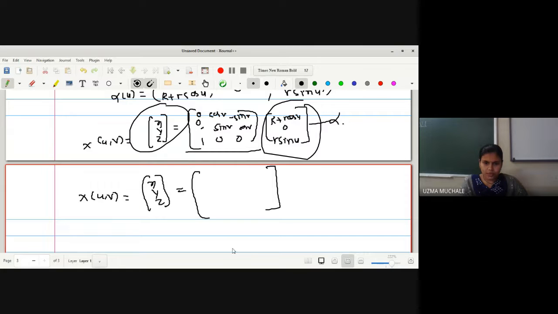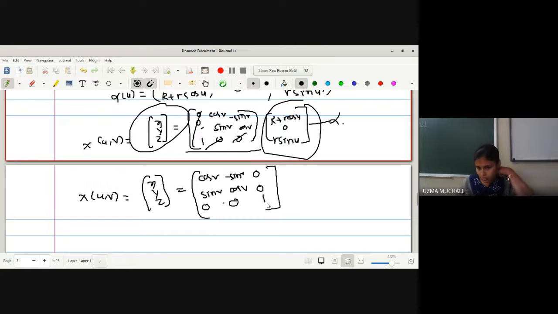The last one is 0, 0, 1. So here we have cos v, minus sin v and sin v, cos v. This one was wrong because the 1 should come here. The revolution is on the z-axis, meaning the z coordinate of the first and the new one coincide, so 1 comes here. So R plus r cos u, and 0, r sin u.